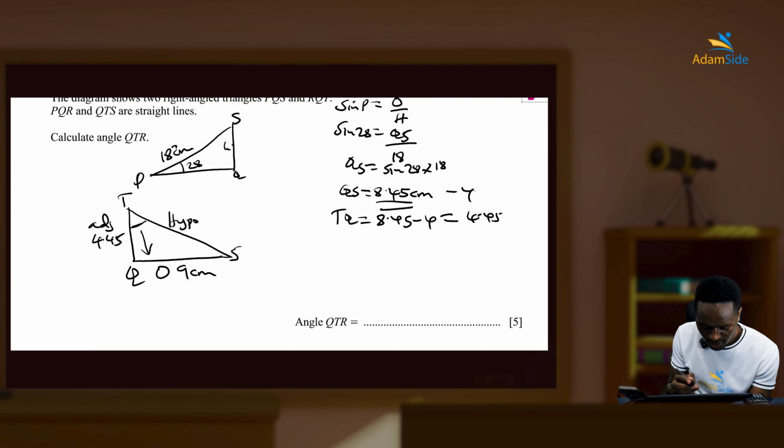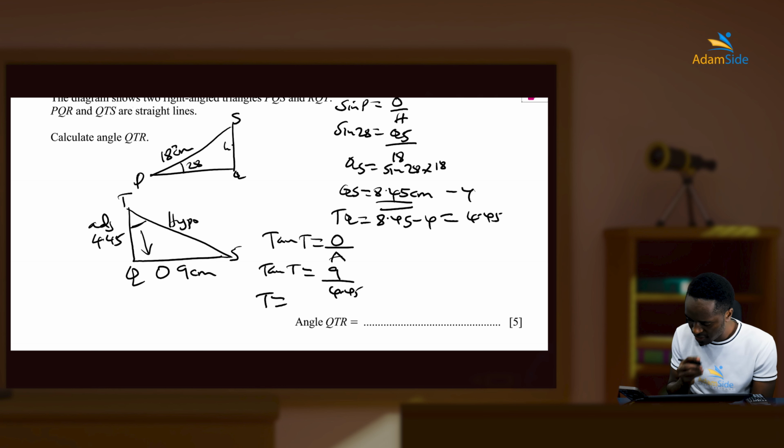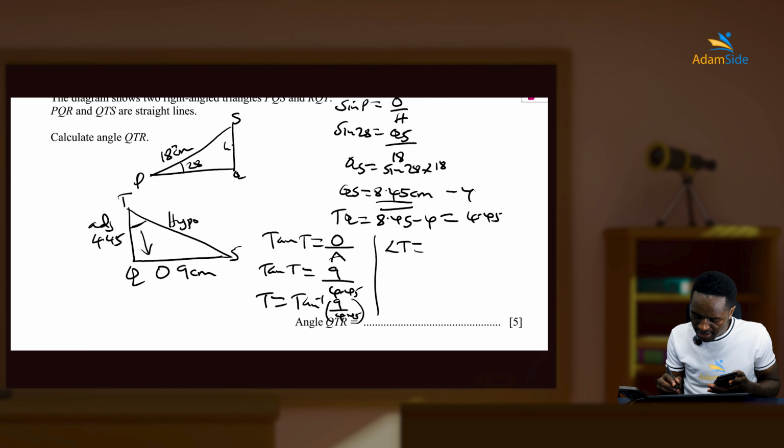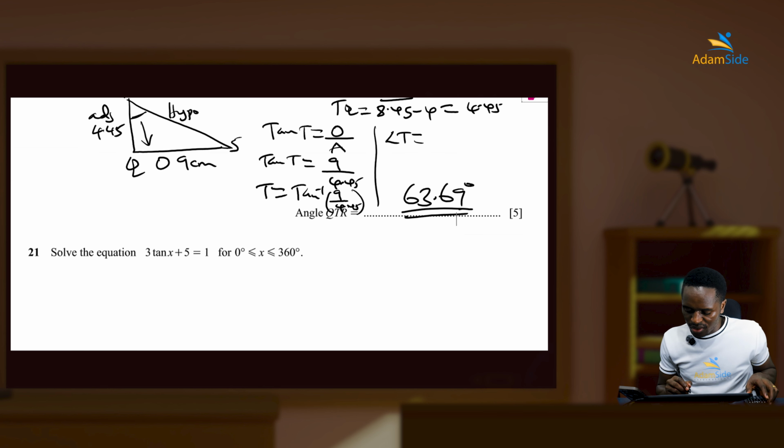We use opposite and adjacent, so tan. Tan T is equal to opposite over adjacent, which is 9 divided by 4.45. To get the angle we say tan inverse of 9 divided by 4.45. Angle T is 63.69 degrees. Nice, you get your answer.